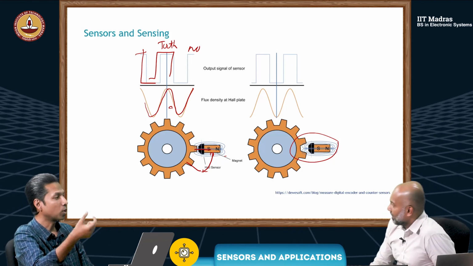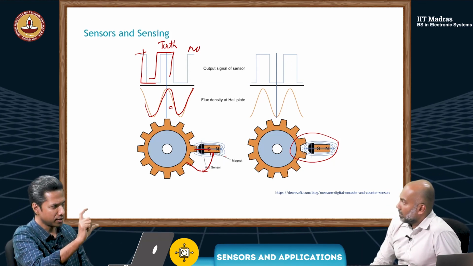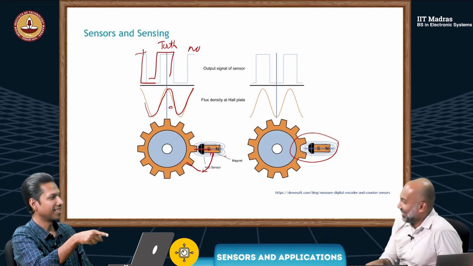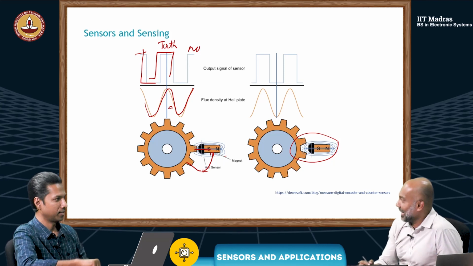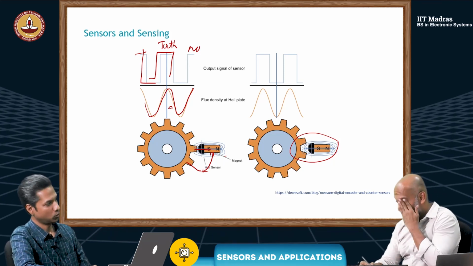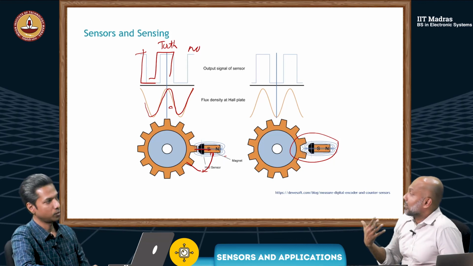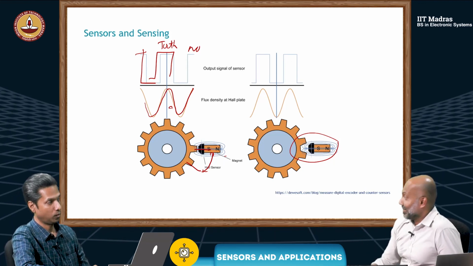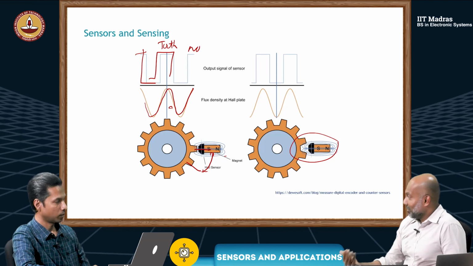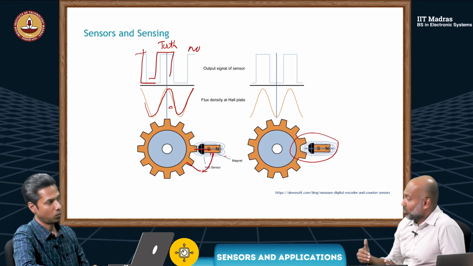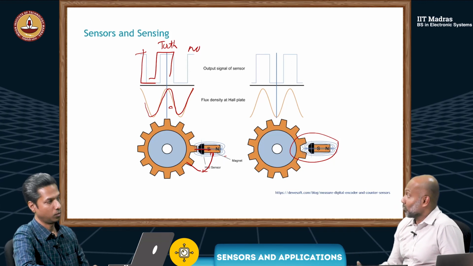But if you want to find how many degrees it has rotated, then you may need the red one. We'll see as we go along, when we talk about different sensors, that it's very important to consider the application and the type of sensor you use. I think that's one of the most important criteria for choosing a sensor.